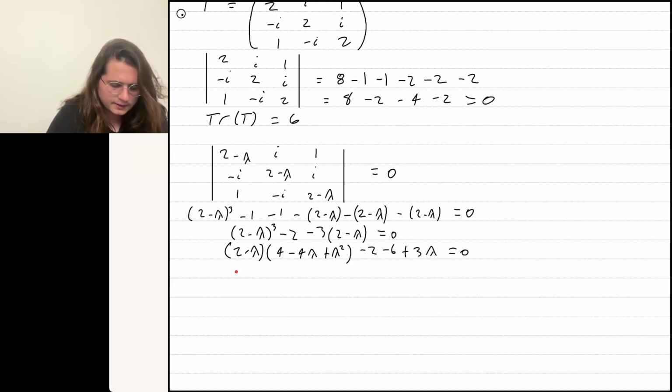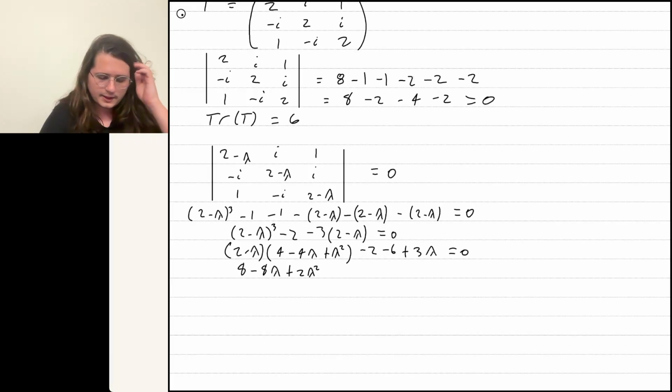And then expanding the (2 minus lambda) into the squared term, we got 8 minus 8 lambda minus lambda cubed, or actually plus 2 lambda squared, the way that I'm doing it. And then minus 4 lambda plus 4 lambda squared minus lambda cubed.